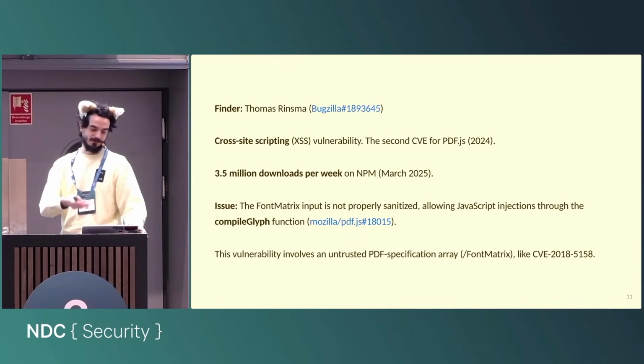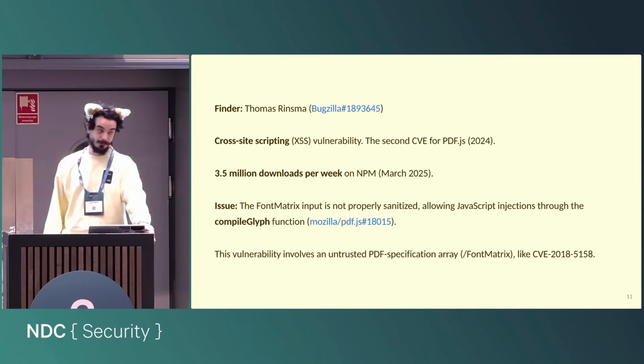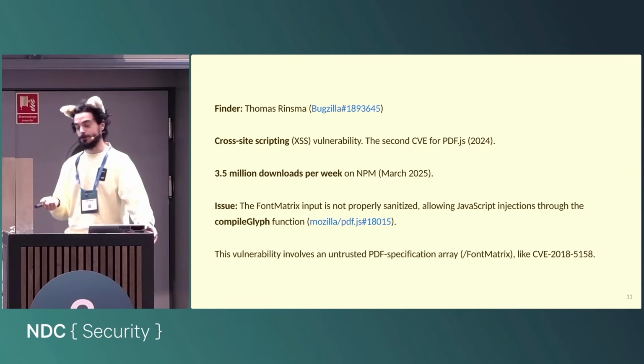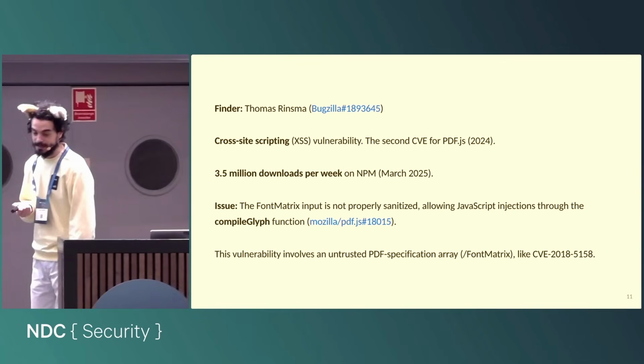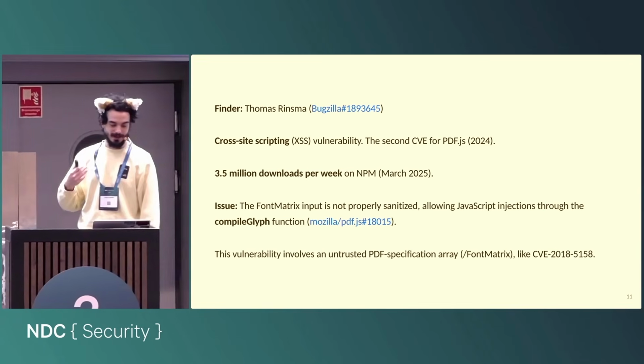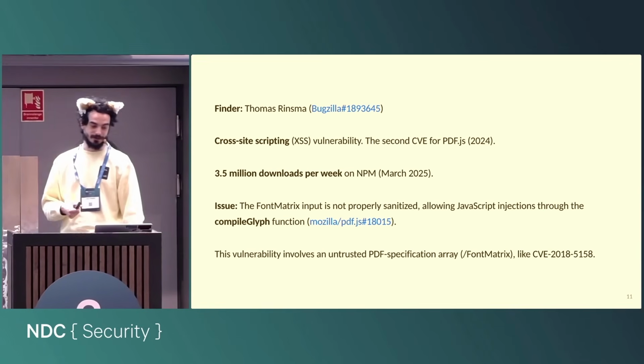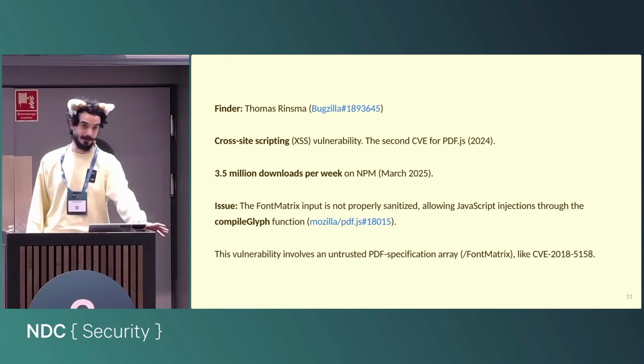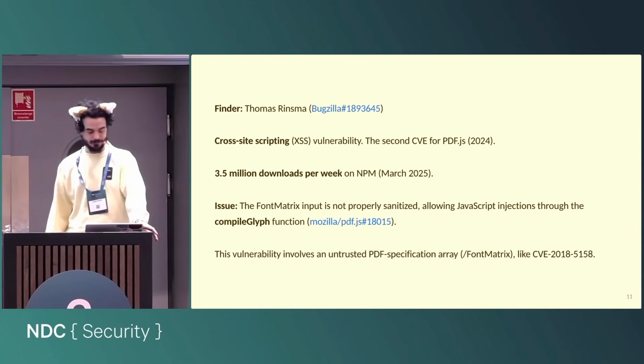The finder is Thomas Rinsma. The CVE was reported in 2024. And at that time, in March 2025, the package was downloaded 3.5 million times per week. So it is very popular.